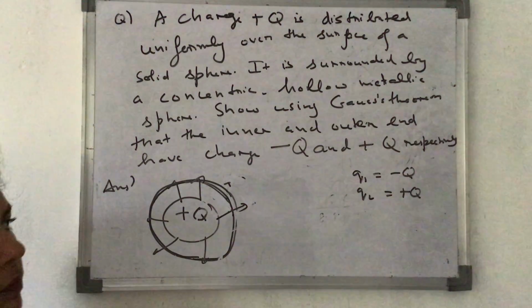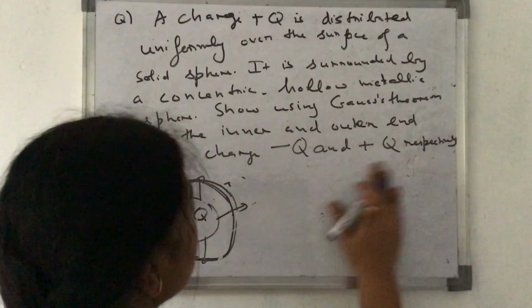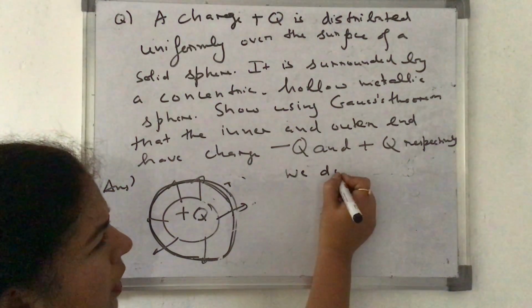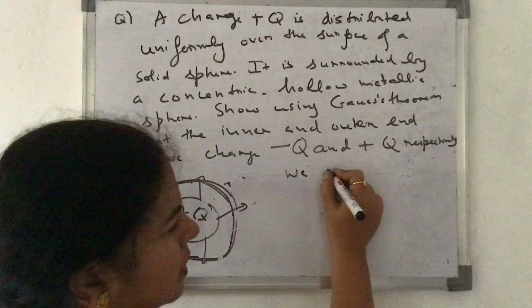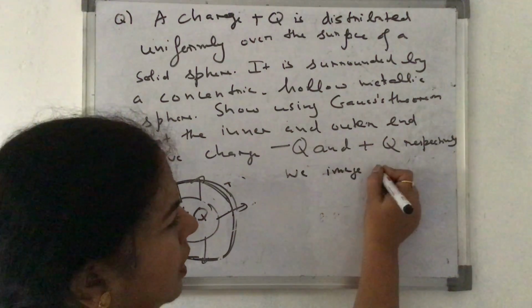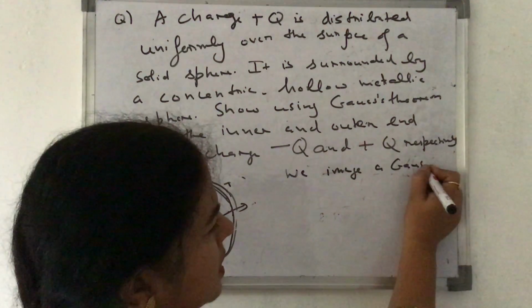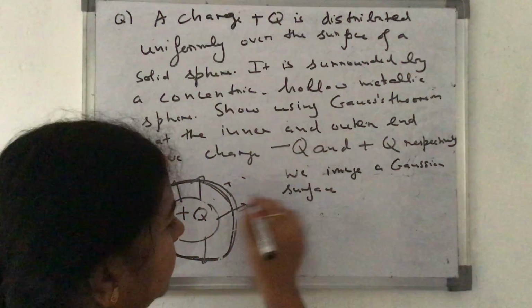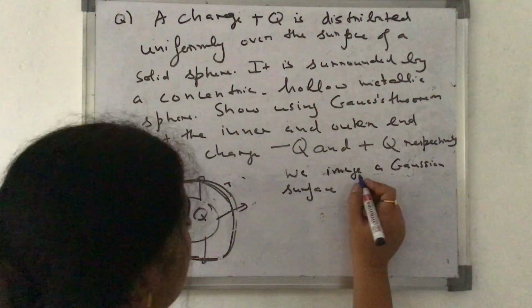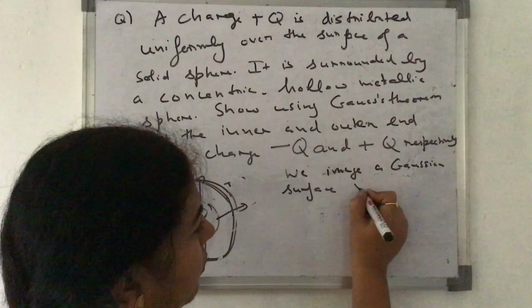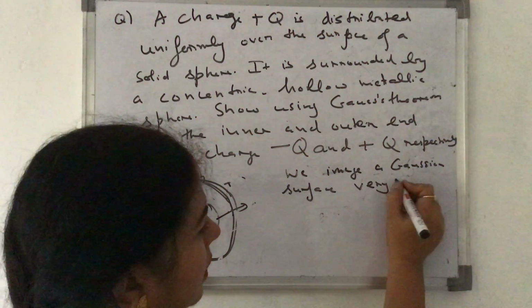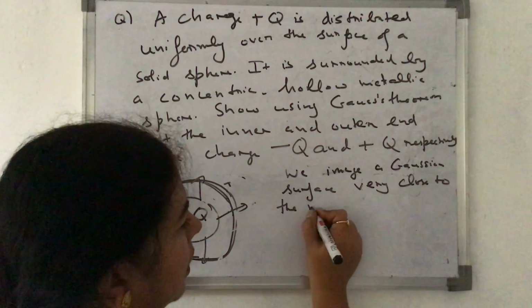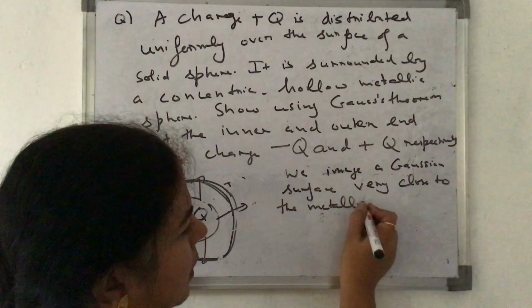So to prove this thing, we imagine a Gaussian surface very close to the metallic shell.